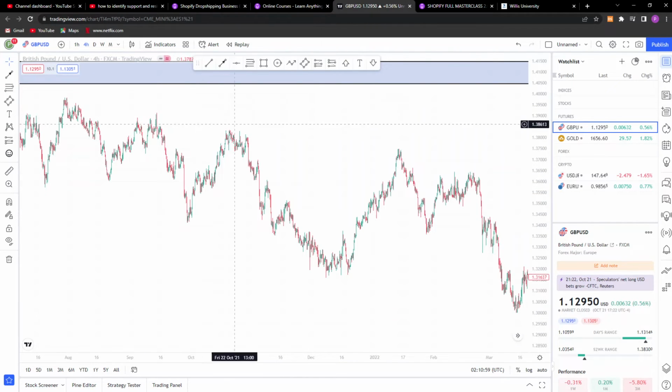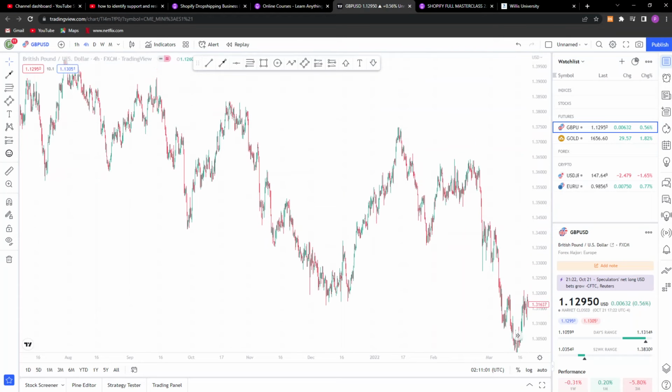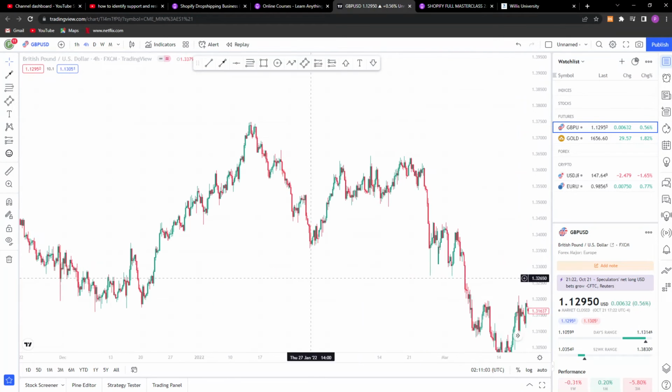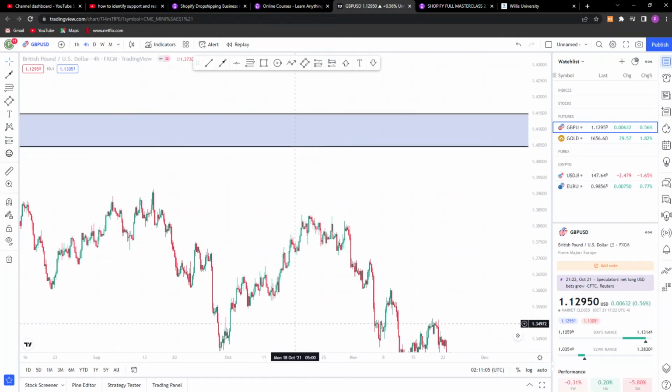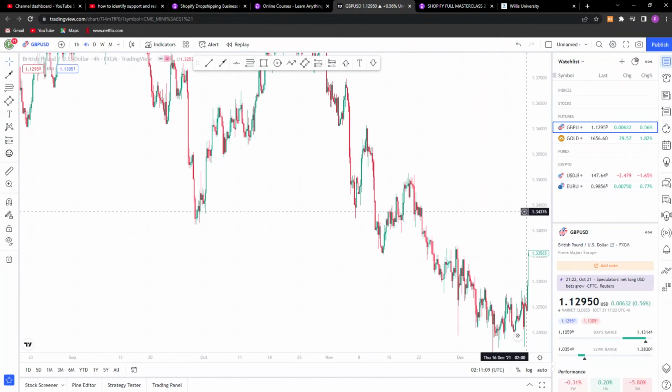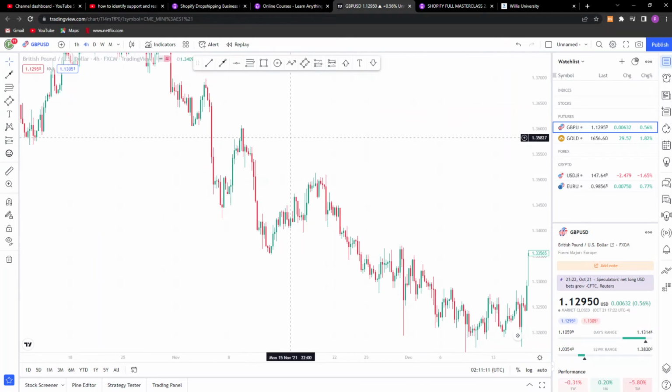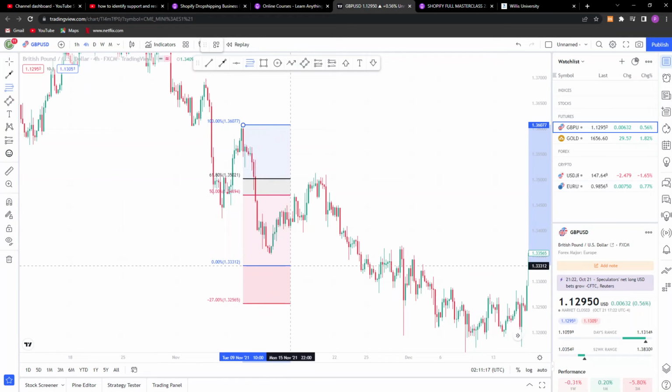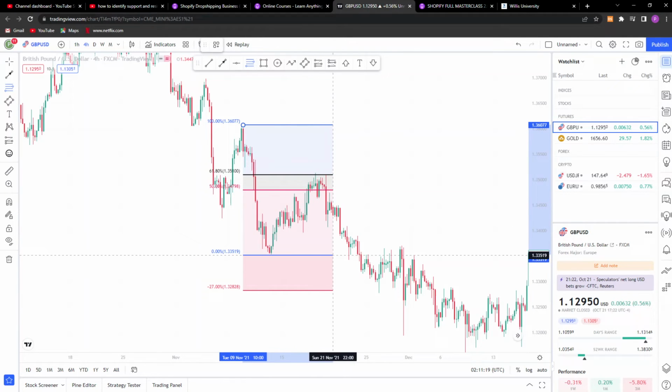Okay, for example, it happens even with small pullbacks and pushbacks, like from year to year. Let's check it. For example, look at this from here to here. You see that price is in between 50 to 61. Look at to the downside.